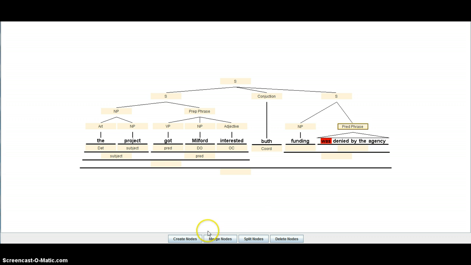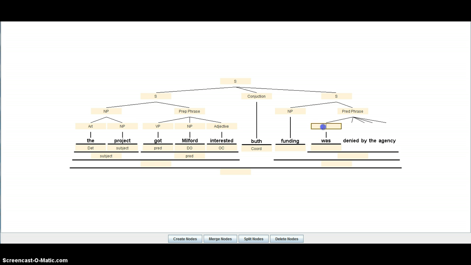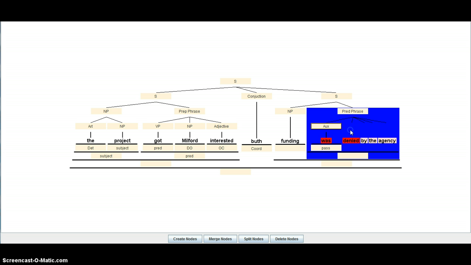Okay, now here is the passive auxiliary. This is the verb phrase. Oh, actually, that's the other thing we forgot.